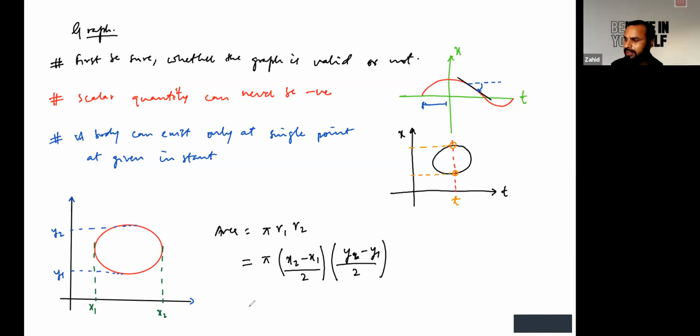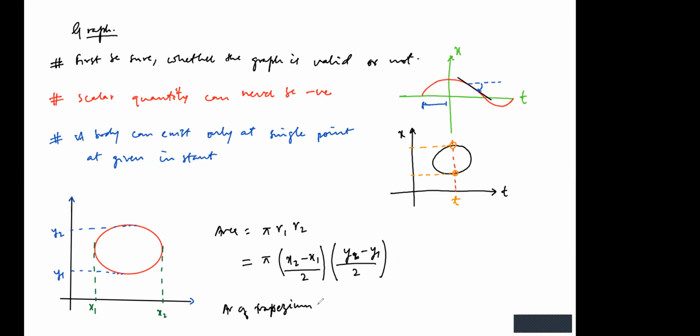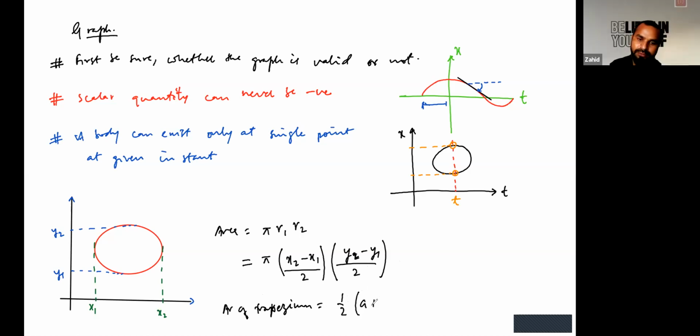Next is, do you know the formula for calculation of the area of a trapezium? Half b into h. Half into the sum of parallel sides into the separation between them. A trapezium is like this.